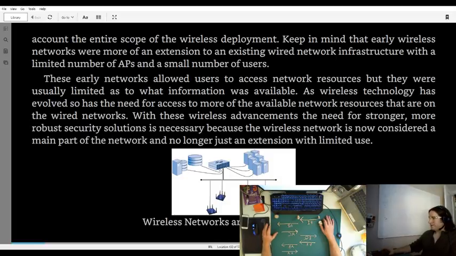As wireless technology has evolved, so has the need to access more of the available network resources that are on the wired networks. With these wireless advancements, stronger and more robust security solutions are necessary because the wireless network is considered a main part of a network and is no longer an extension with limited use.